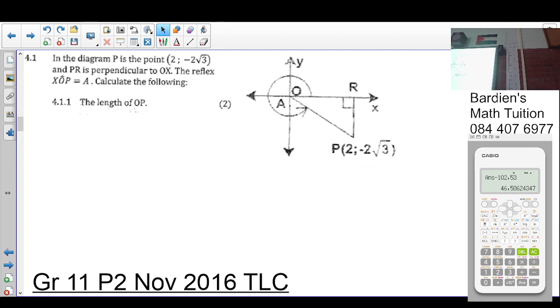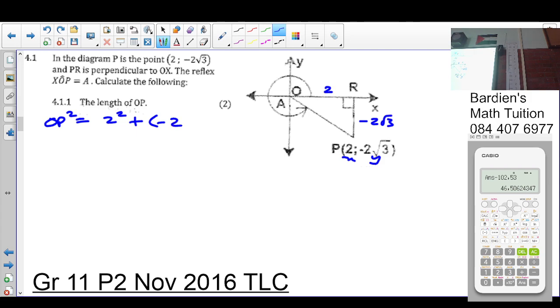The reflex angle XOP is equal to h, that's the reflex angle there. Calculate the following: the length of OP. People, this is an x and a y. So you've got negative 2 root 3 there, x is 2. OP is Pythagoras, the hypotenuse. So OP squared is equal to 2 squared plus negative 2 root 3 squared.